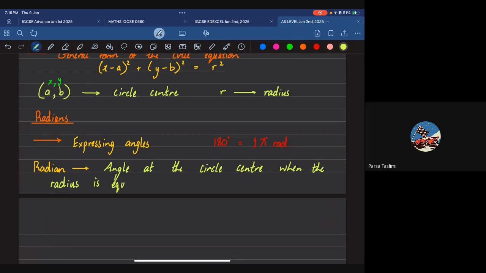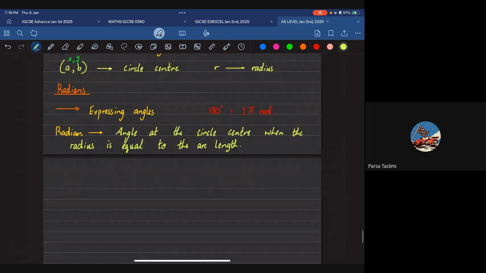And what do we mean by that? Let's look at an illustrative example. The angle at the circle center, when the radius is equal to the arc length, is actually your radian. That's the angle that is formed. So, if I were to draw this down, I need a circle.